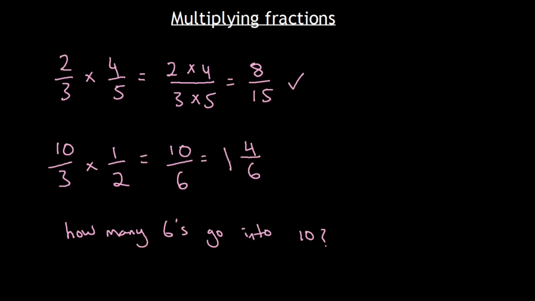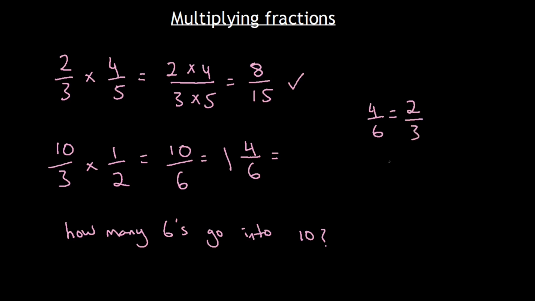So now I've rewritten it as a mixed fraction. It's 1 and 4/6. But then we can simplify the 4/6, can't we? We can divide by 2. So if I just do it on the right hand side here, we can simplify that by dividing by 2. 4 divided by 2 is 2, and 6 divided by 2 is 3.